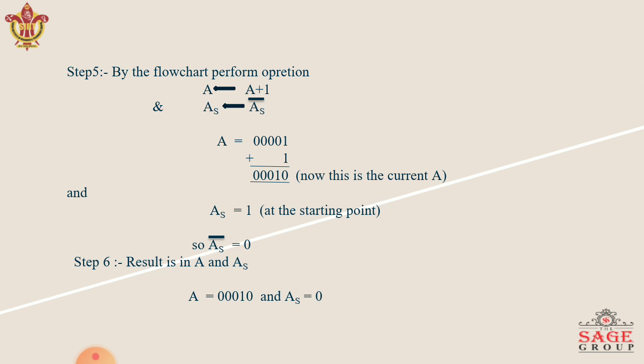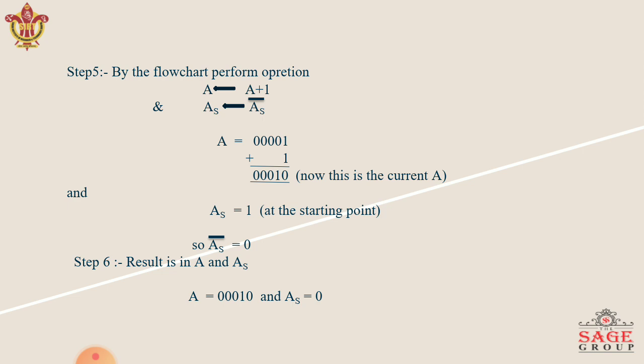In that condition, our A equal to 00001, and we add 1 to this value, so we get the new value 00010. Now this is our current A. And AS equal to 1 at the beginning, so we just complement this value. If AS equal to 1 and we complement this, then simply AS is 0.